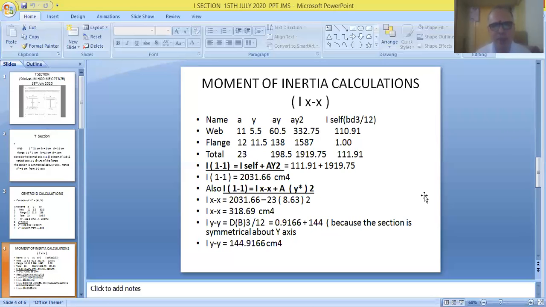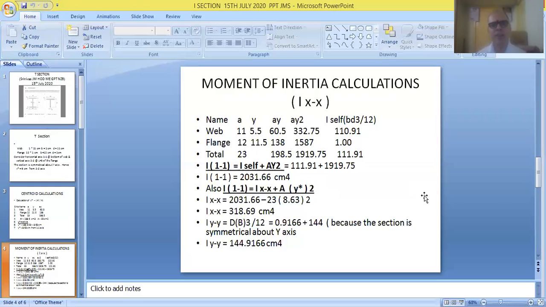So finally, friends, we got the values of X bar and Y bar. Now we have to measure the values of Ixx, moment of inertia about x-axis, and moment of inertia about y-axis, which is referred to as Iyy.